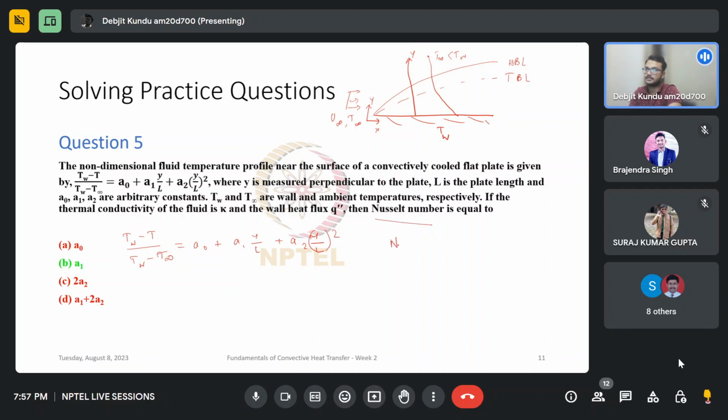So what is the Nusselt number in the first place? We can write this as h into (Tw minus T infinity) divided by k into dT/dy at y equal to 0, right? Is this correct?